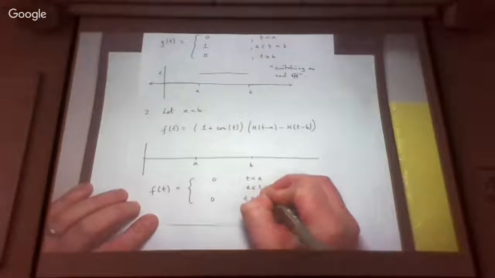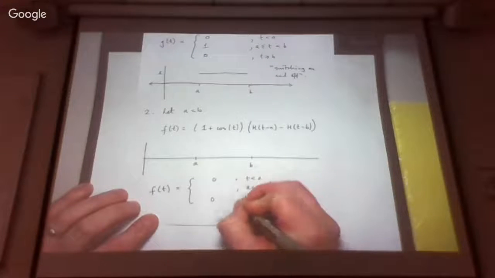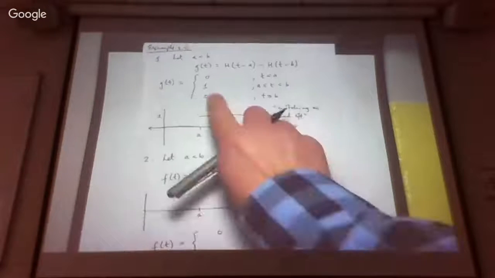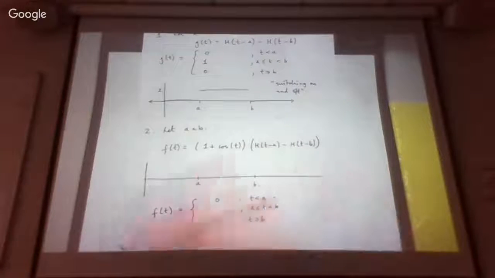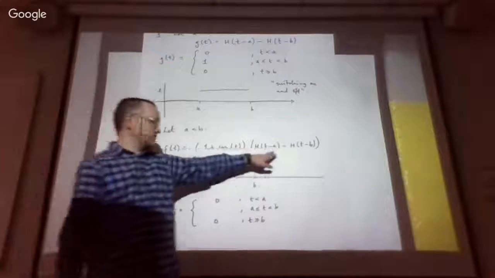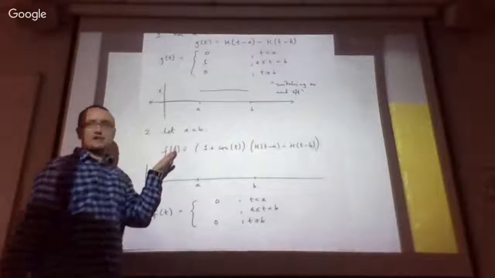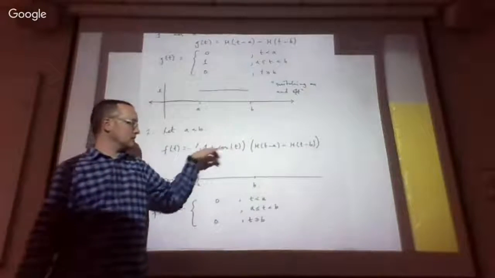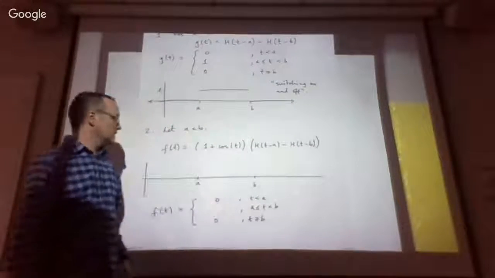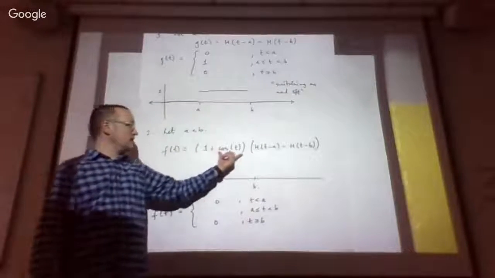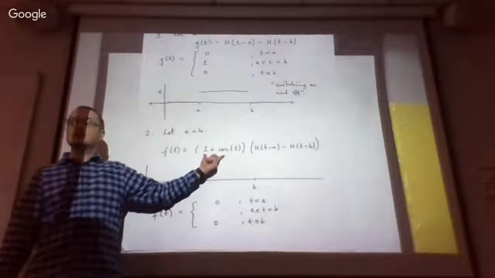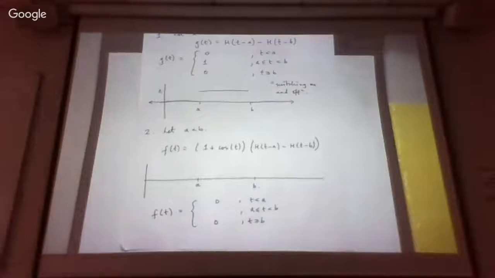But between a and b, g takes the value 1, so we get 1 for this big bracket here. And of course, when this big bracket is 0, it makes the whole thing f of t equal 0. It doesn't matter what you've got here if you're multiplying it by 0. When this second large bracket is equal to 1, then we've just got whatever the value of this bit is, 1 plus the cosine of t.